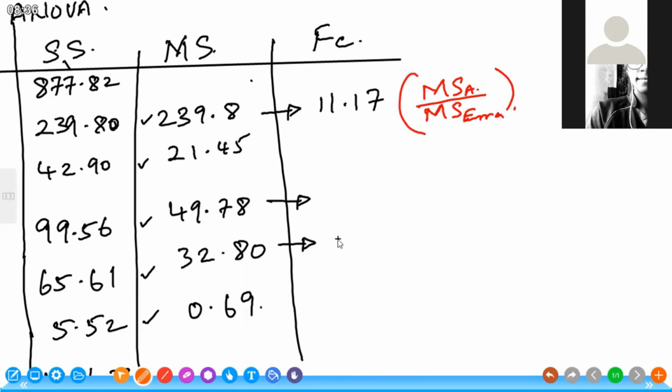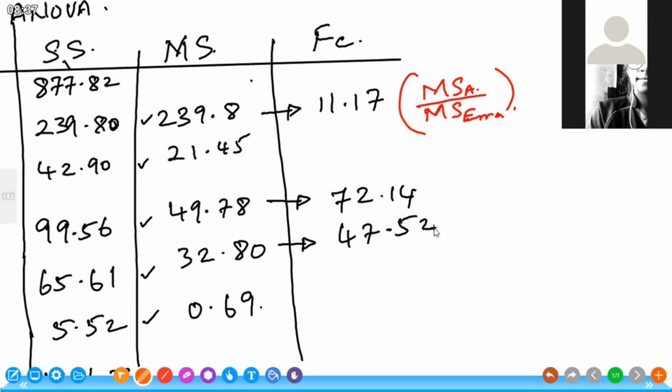What about the next one, nitrogen, and the interaction between nitrogen and irrigation? The F calculated value for nitrogen? 72.14. Fine. What about the interaction? 47.54.